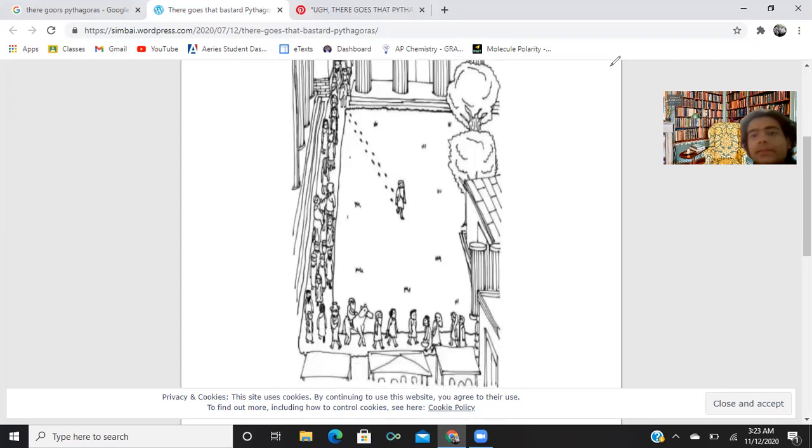All right, there goes the Pythagoras guy. So I really like this picture. It's like a meme, you can say, or I don't know, what do you want to call it? It's a picture. You can see everybody's in line, like how they're going triangle-wise. Basically, this is a triangle.